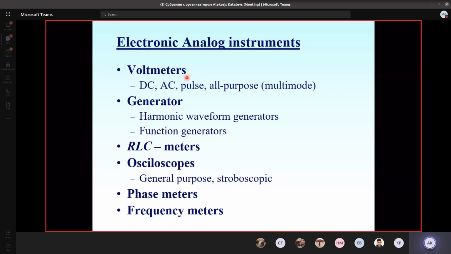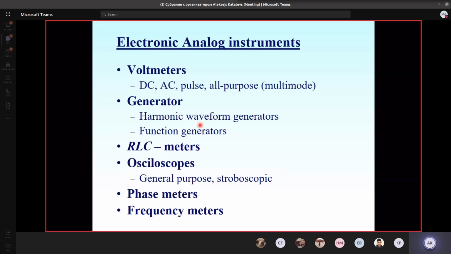Generally, the generators are considered as analog instruments too, despite they may actually be digital and provide a waveform in a digital form. They are still used to test analog circuitry, analog processes, and may be considered as analog devices, despite they are actually digital by their design.